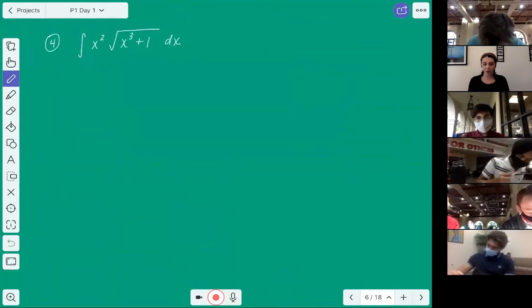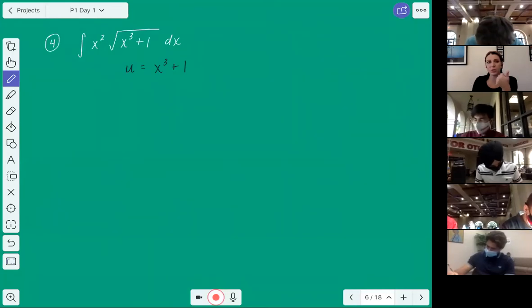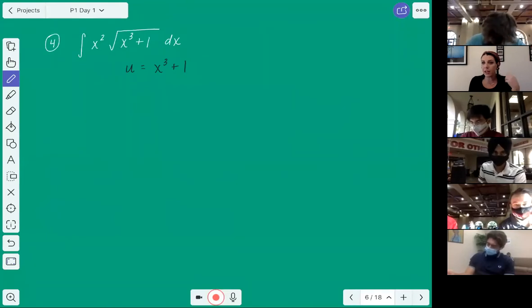Okay, Nathan Wise, what do you think we should choose as our u here? X cubed plus 1. Totally correct. Absolutely right. X cubed plus 1. And again, the reason we need u sub, I have product rule and I have chain rule in this problem. So that's going to be why I need to use u substitution when I'm taking an antiderivative.